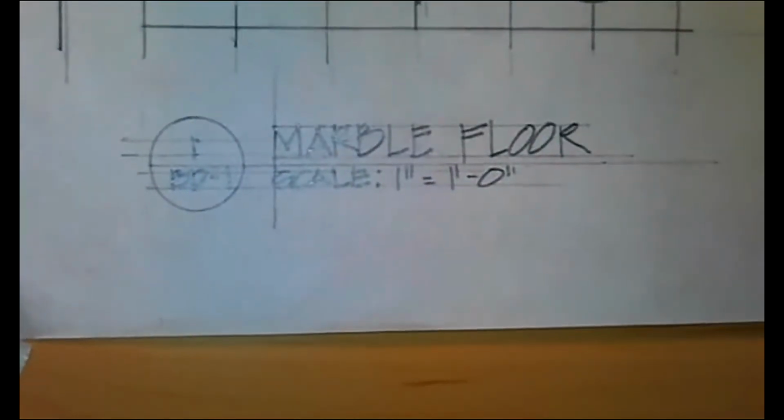Okay, cool. So now I'm going to make the circle and the line just a secondary line. So I need my circle template. Three-quarters of an inch diameter circle. Whoops.